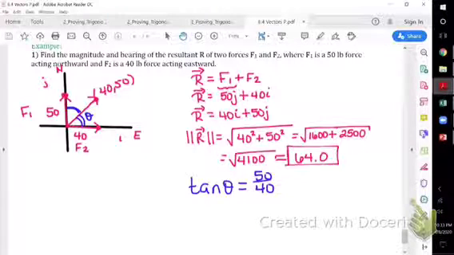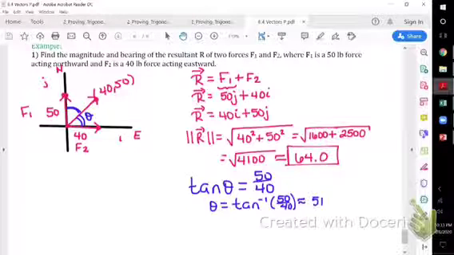That 50 over 40 gives me a quadrant 1 angle, which is where my angle is. So let's take the inverse tangent of 50 over 40. Putting that in our calculators, we get approximately 51.3 degrees. So this angle right here is 51.3 degrees.